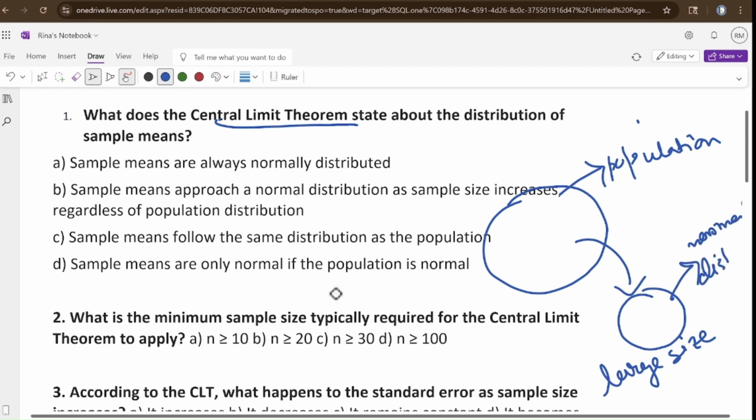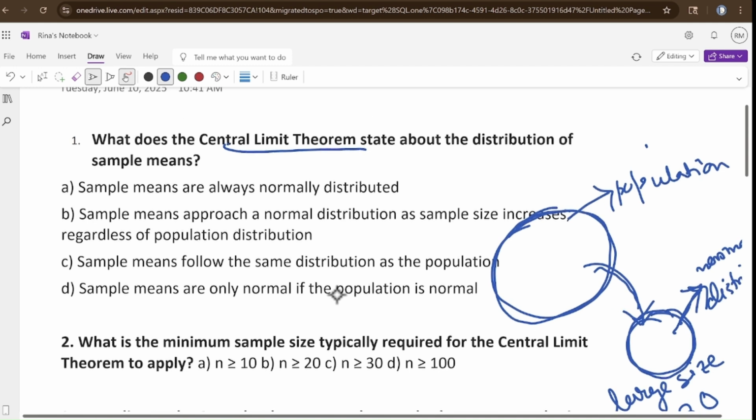Clear? And the large size generally means the sample size greater than or equal to 30. Okay, let me tell you once again. Whatever the population distribution is, once you take a sample of large size, then it will behave like a normal distribution.